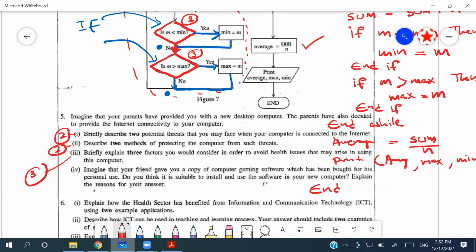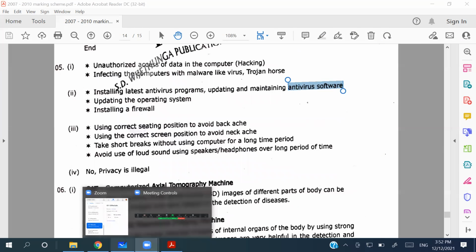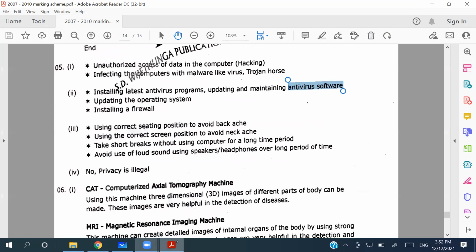So the question is asking, do you think it is suitable to install and use the software in your new computer? The answer is no. The reason we can tell, there is no privacy and it is illegal, because if it is a licensed software, you have to pay.